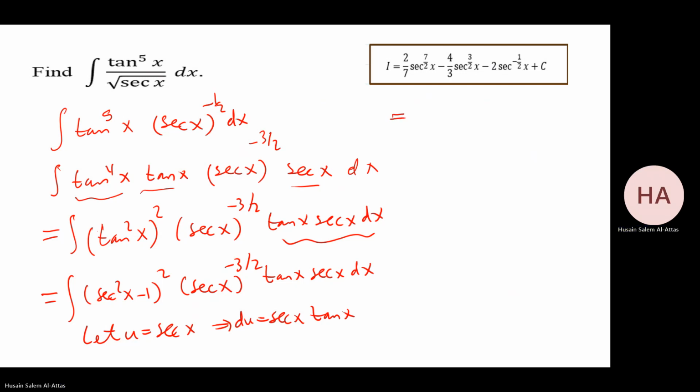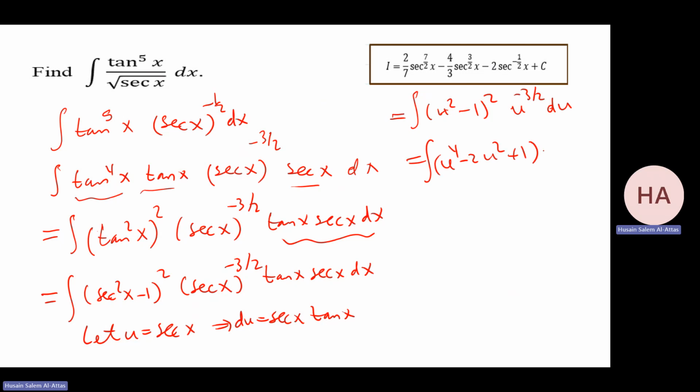So this integral will be the integral of (u² − 1)² u^(−3/2) du. And that is (u⁴ − 2u² + 1) u^(−3/2) du. And that will be what?